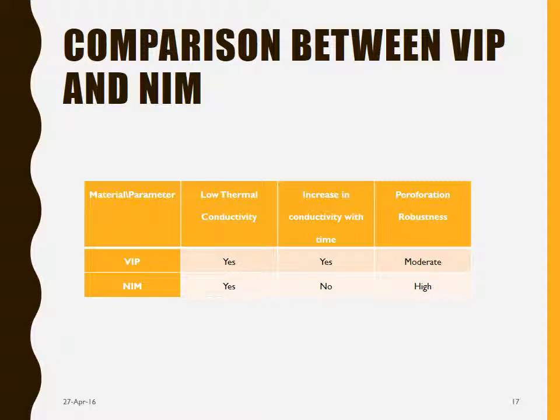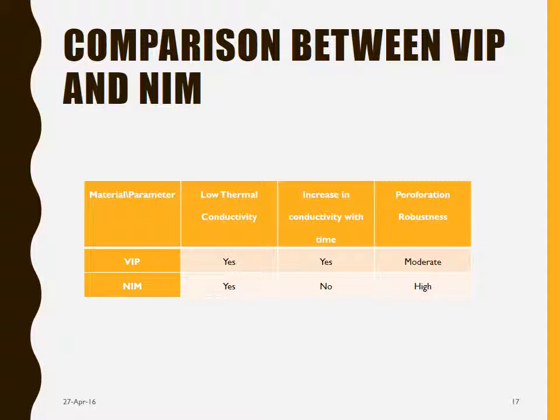This slide gives a comparison between VIP and NIM. Now, vacuum insulated panels and nano insulated materials both give very low thermal conductivity, so it's an advantage. But as time passes, the thermal conductivity of vacuum insulated panels increases, and hence they have a shorter lifetime.